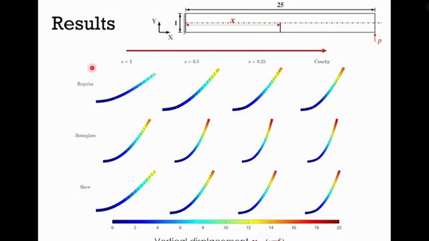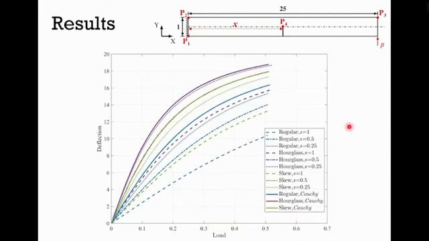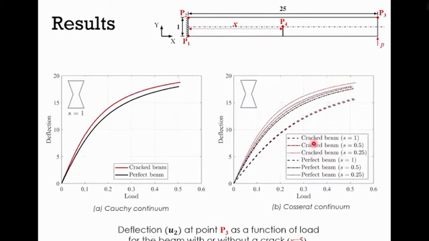Different composite materials also show different nonlinear behavior because of their various constitutive matrices. Here we show the deflection at the point 3 of the beam. We can see that there is very clear nonlinear behavior for both continua, and the Cauchy continuum shows the highest deflection, followed by the Cosserat continuum with the scale effect.